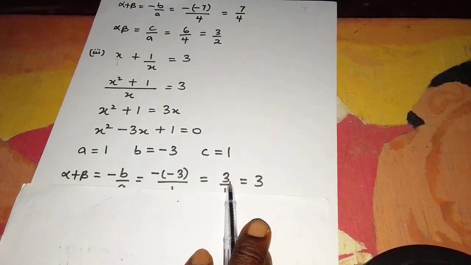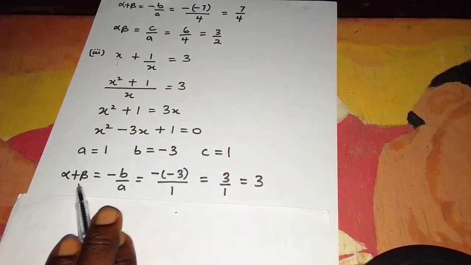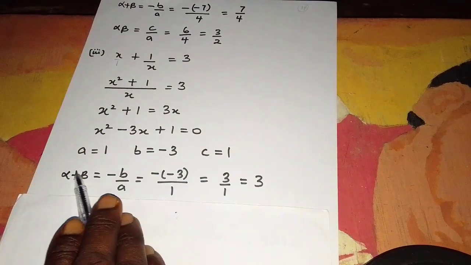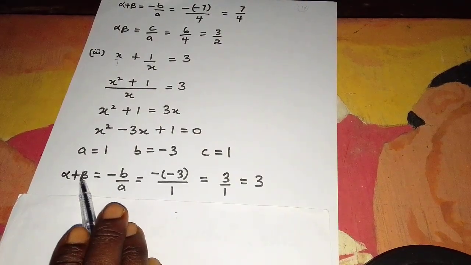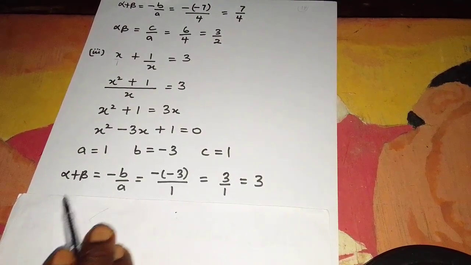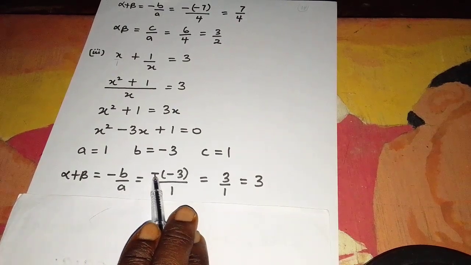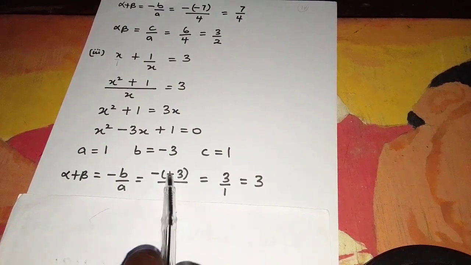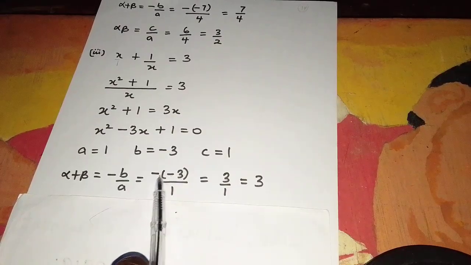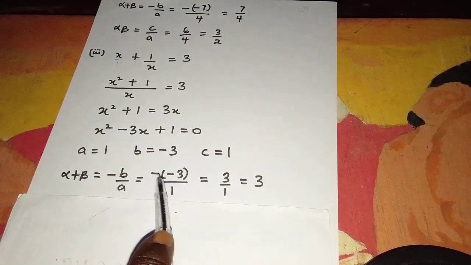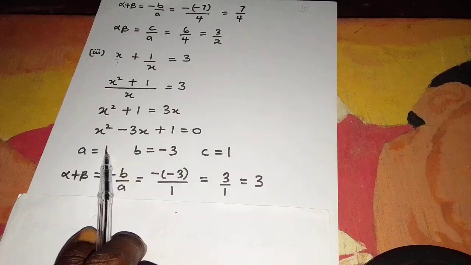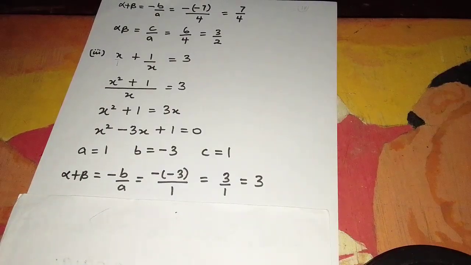So you are now going to substitute into the formula for the sum and product of the roots. The sum of the roots, which is alpha plus beta, will be equal to minus b over a, which is minus, then b is minus 3. Put it in brackets because you now have two negative signs, over a, which is 1.